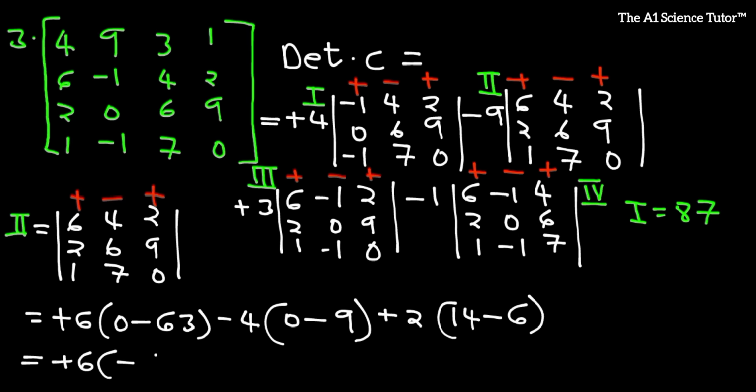So here we have -63. And here we have -4 multiplied by -9. I might just well write it the way it is for now. So this is 14 minus 6. That should give us an 8.